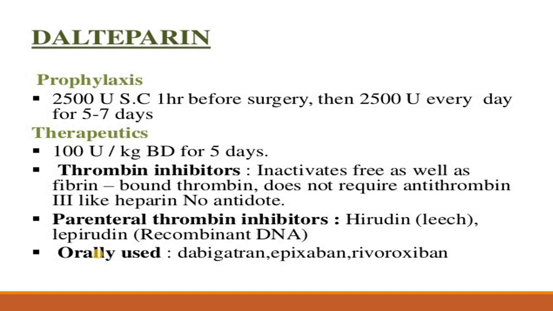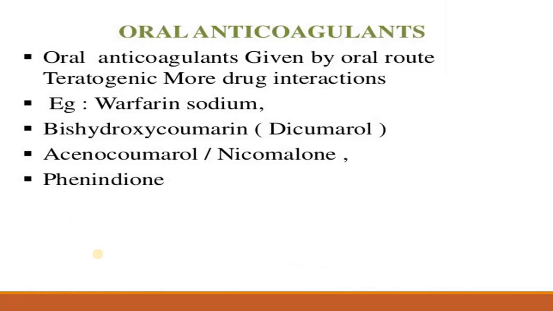Thrombin inhibitors inactivate free as well as fibrin-bound thrombin. They do not require antithrombin III, unlike heparin, and have no antidote. Parenteral thrombin inhibitors used are lepirudin, hirudin and recombinant DNA products. Orally used are dabigatran, apixaban and rivaroxaban.